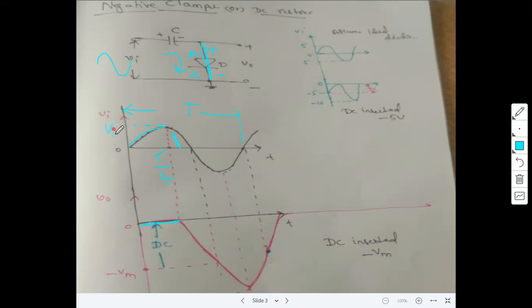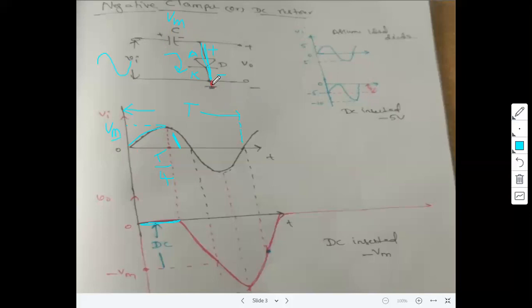If the input voltage is Vm during the first quarter cycle, the capacitor charges to the maximum voltage Vm. Once again, during the first quarter cycle, diode D is on, the output is equal to 0, and the second observation is that during this interval, capacitor C charges to the maximum input voltage Vm.